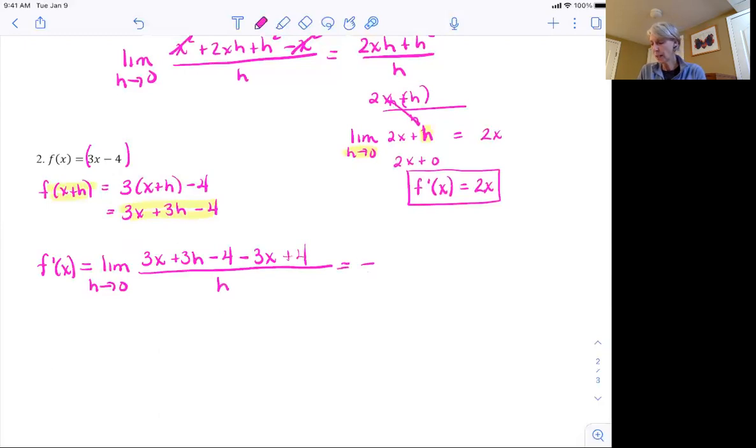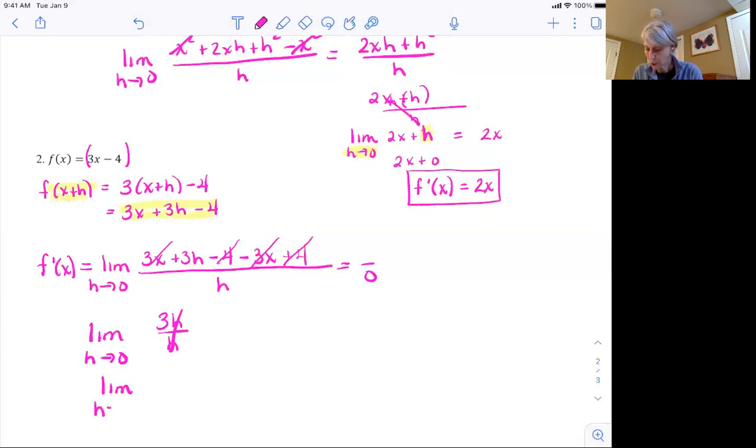You're always going to get a 0 in the denominator, so you should always work on cleaning up the numerator. -4 plus 4, the limit as h approaches 0 of 3h over h, and my h's are going to cancel as well.